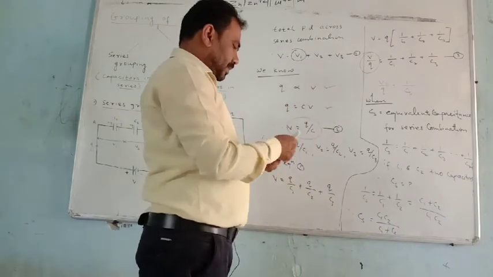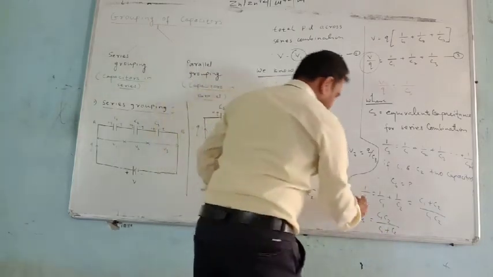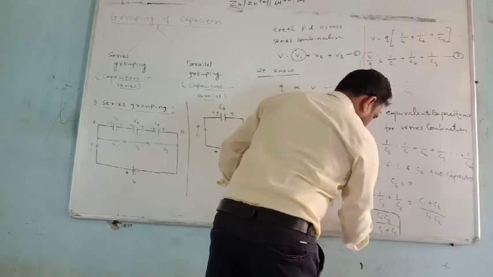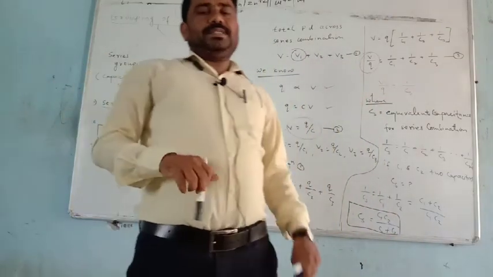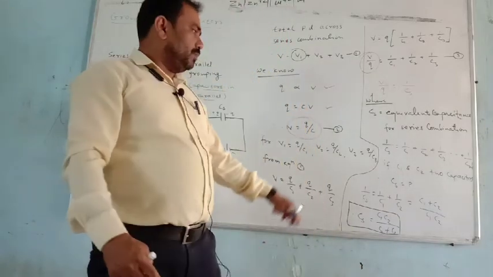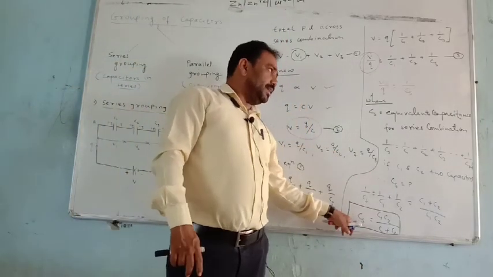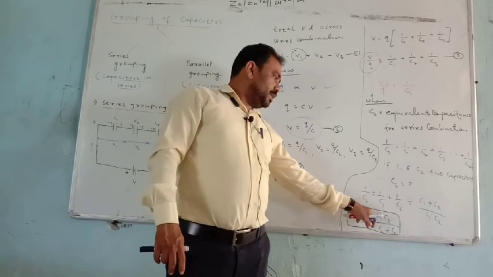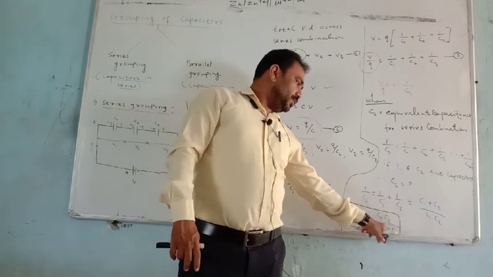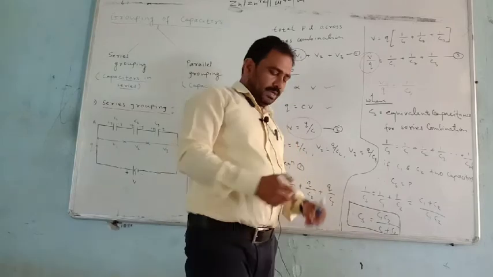You should remember this term, the equivalent capacitance of the first and second capacitors. If two capacitors are there, we can easily find the equivalent capacitance by using this formula, C1 into C2 upon C1 plus C2.